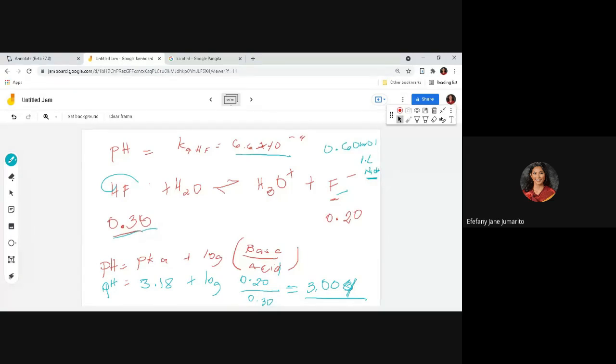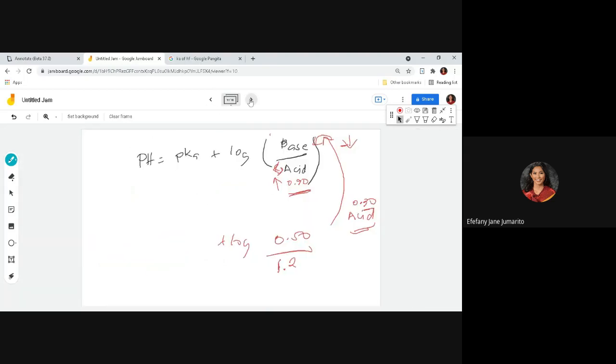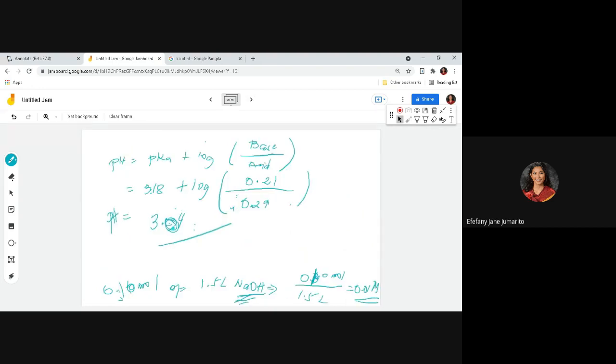Then it is most effective. If they are equal, the change in pH will be small, maybe 3.007. Okay, so that's it.